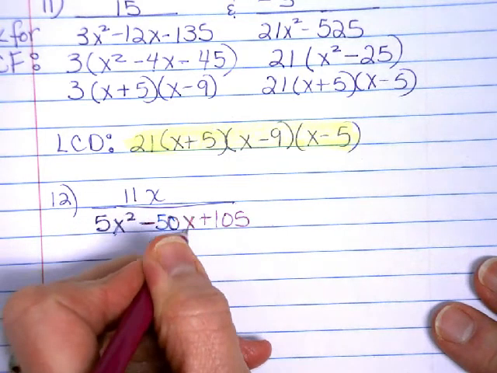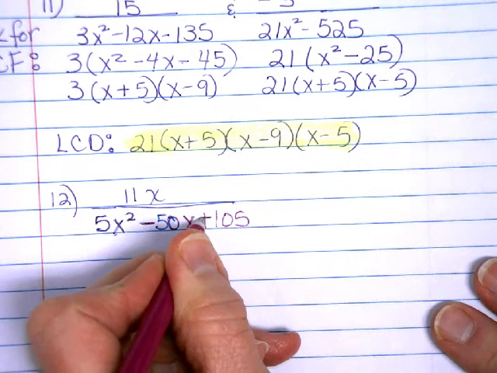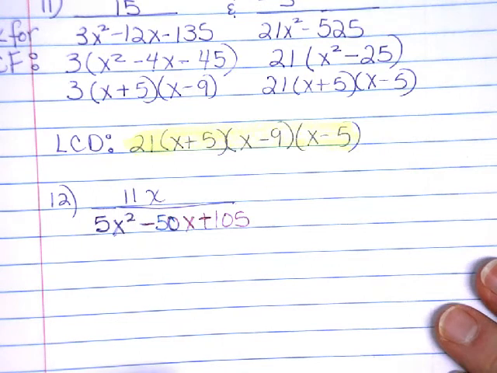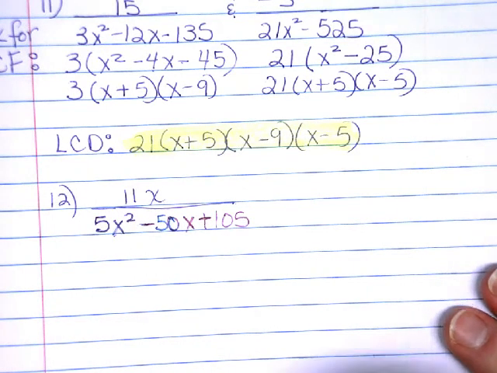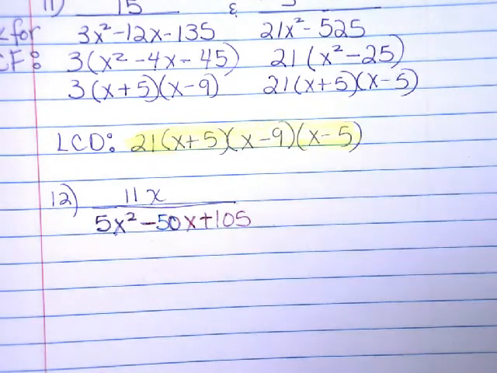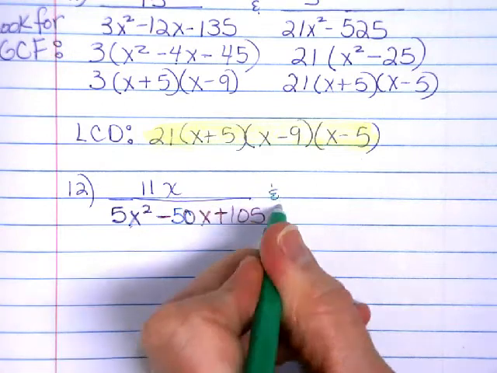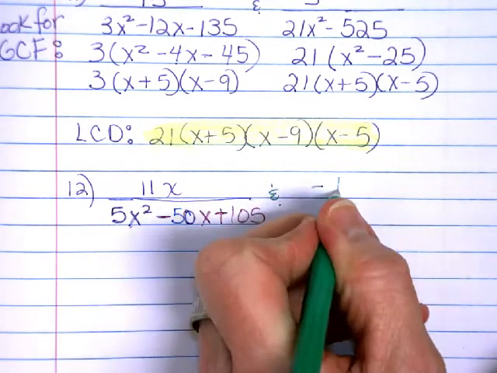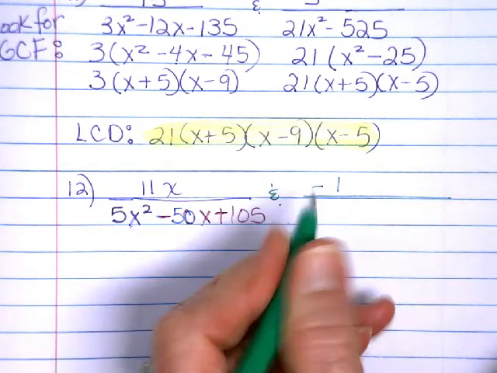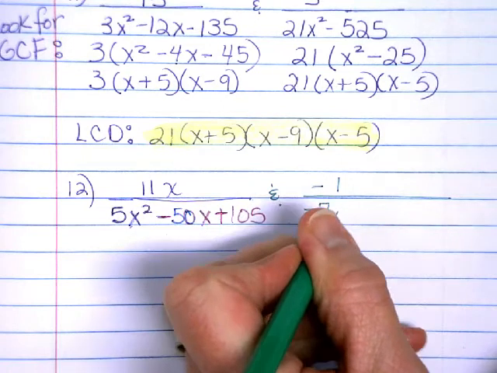Order some more erasable pens. Okay, that's my first fraction. Still don't like it. Another dark one. The green one will work. And here's my second fraction. Negative 1 on top.